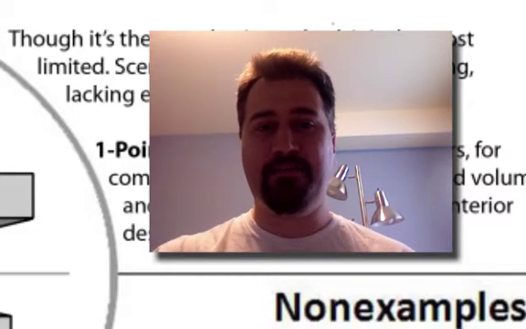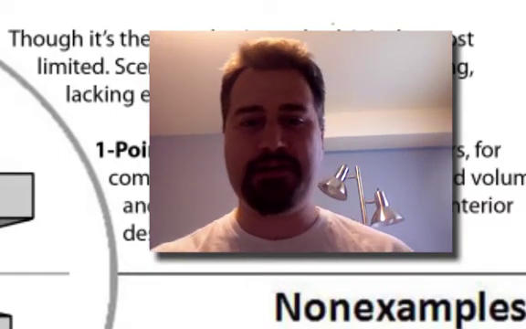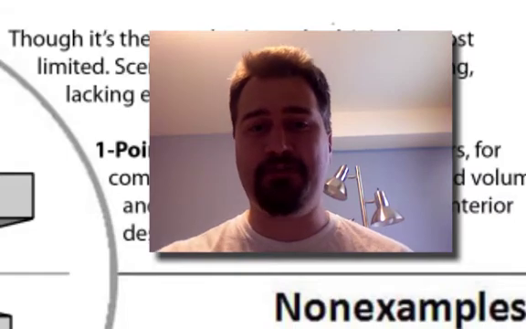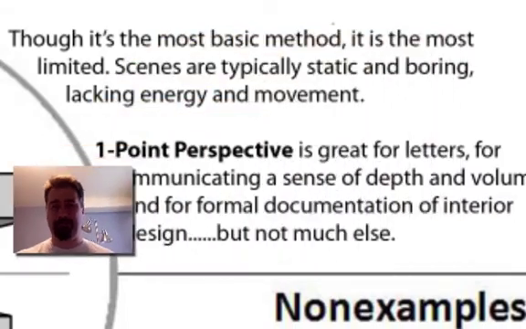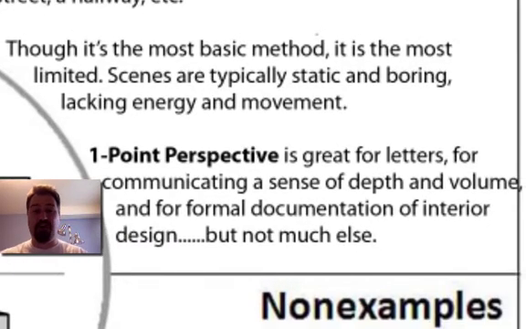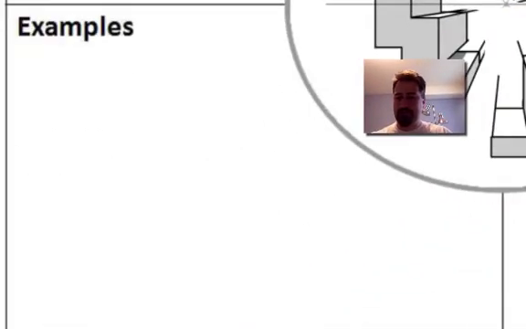Movement is that principle of design which involves the path that your eye goes through the piece, and also the action that takes place in the piece. If there's only one vanishing point, there's not much going on in there. One-point perspective is great for letters. It's great for communicating a sense of depth or volume in a shot, and for, once again, formal documentation of an interior. Not much else, though.